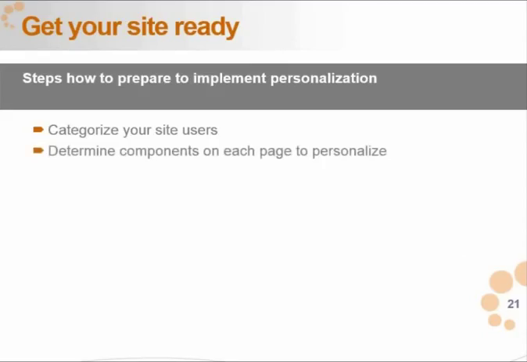And then it comes to the point where we determine the components on each page. It doesn't mean that you will have to change the whole page based on your site user. You might want to change some columns or some components, like we saw in the example.